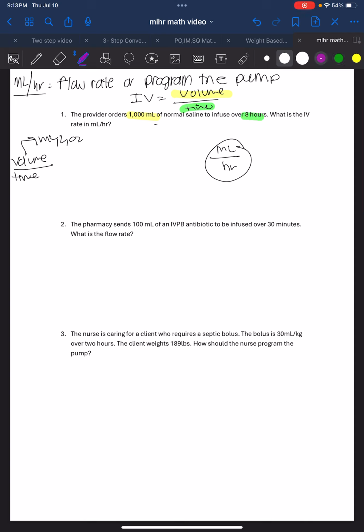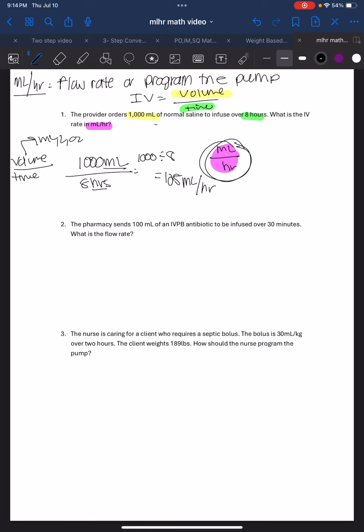The problem wants us to get to mLs per hour, so we set this up as volume over time: 1,000 mLs over 8 hours. Right now we have mLs over hours, which is exactly what we need, so no further conversion or dimensional analysis needs to happen. This is simply 1,000 divided by 8, which gives 125 mLs per hour.